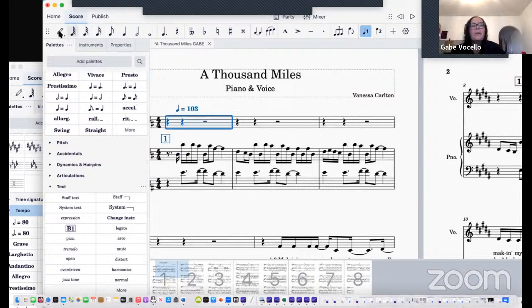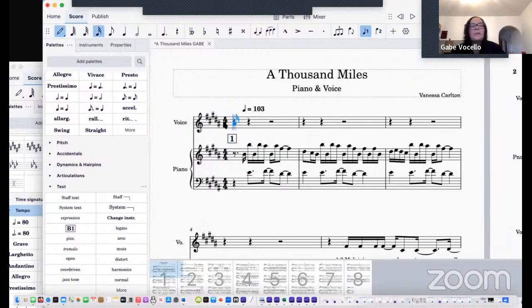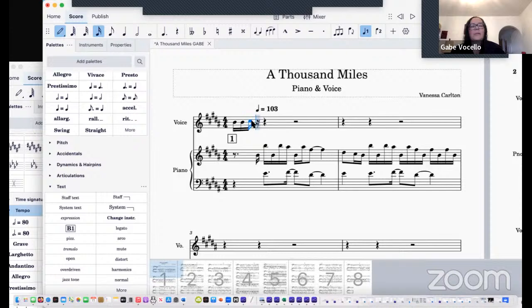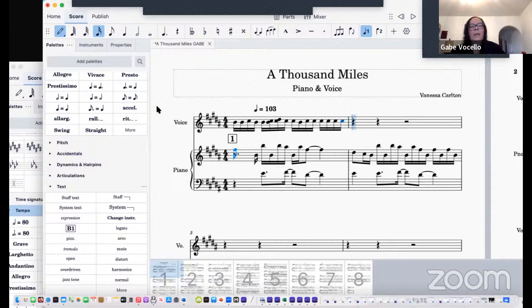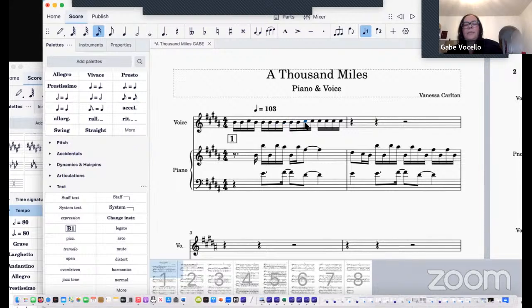Let's put here the 2 16ths, which is equal to 1 8th note. 3 is a dotted 8th note.